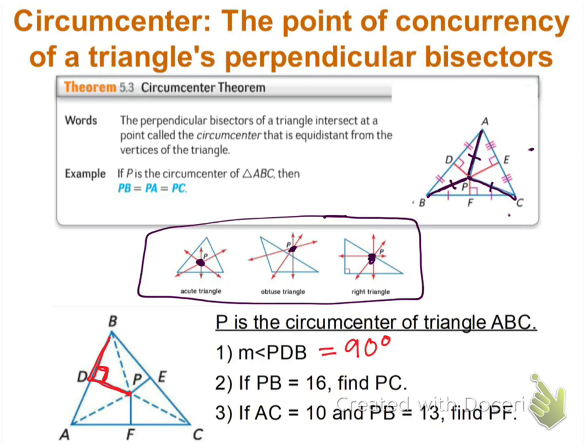Number 2 says PB is 16, and it wants me to find PC. Well, they said P is the circumcenter, and remember what we said up here in this picture. This is the circumcenter theorem. What that says is that they're going to intersect at the circumcenter and that it is an equal distance from the vertices of the triangle. So if BP is 16, so is PC.